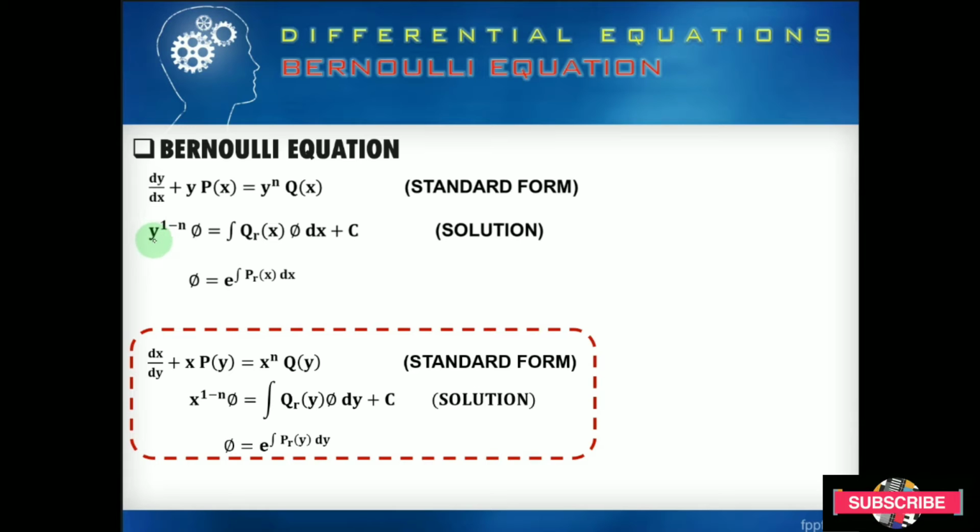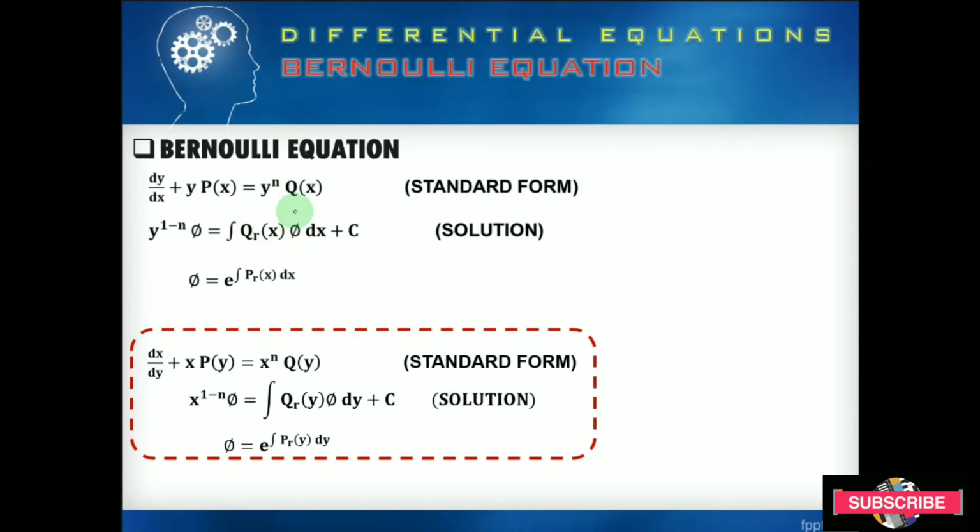So x raised to the power of 1 minus n times phi is equal to the integral of q as a function of y times phi, and you replace dx with dy, plus c. And for the integrating factor phi, p as a function of x is replaced by p as a function of y, and dx becomes dy. That's how simple the technique is.